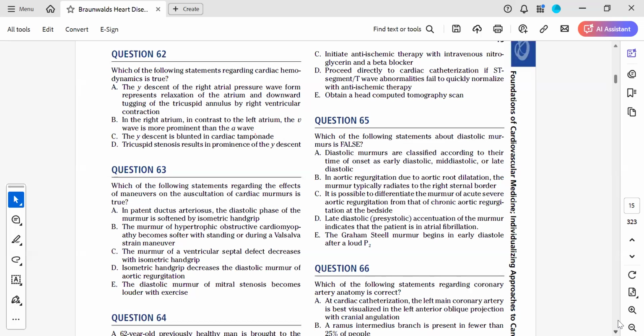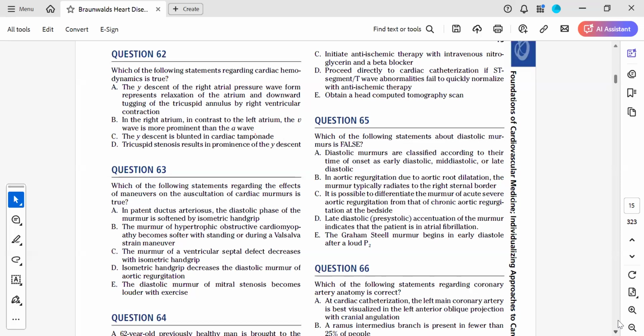Whereas in cardiac tamponade, the X descent is usually still present, because atrial relaxation coincides with ventricular contraction, and in ventricular contraction some amount of blood leaves the heart chamber, to the lungs from the right side and to the systemic circulation from the left side.